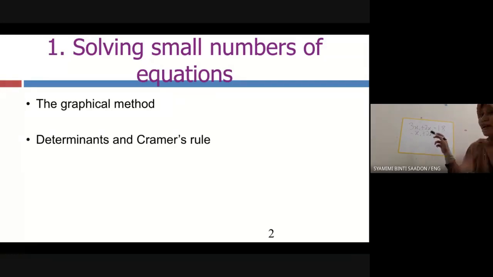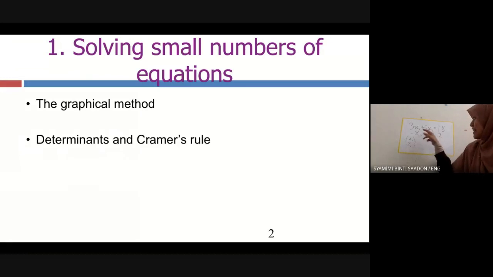So normally we are asked to solve this in order to find x1 and x2, for example in terms of a matrix like this, x1, x2. First, by using the graphical method, graphic means that we try to sketch the linear line of a graph of these two equations.